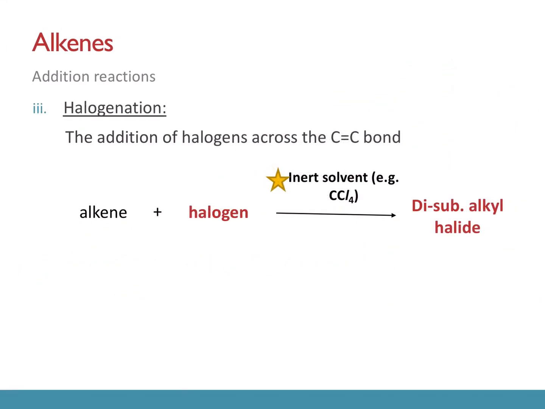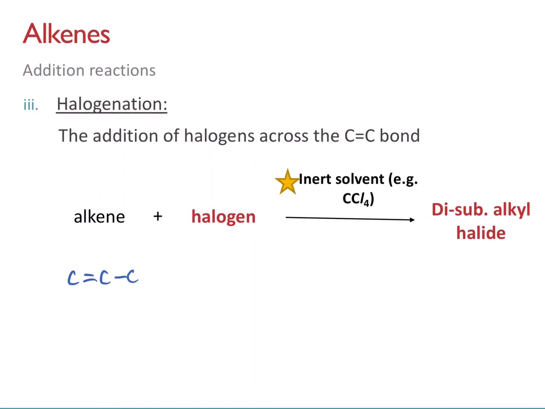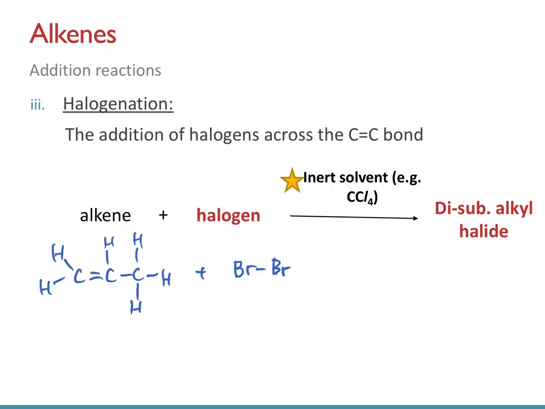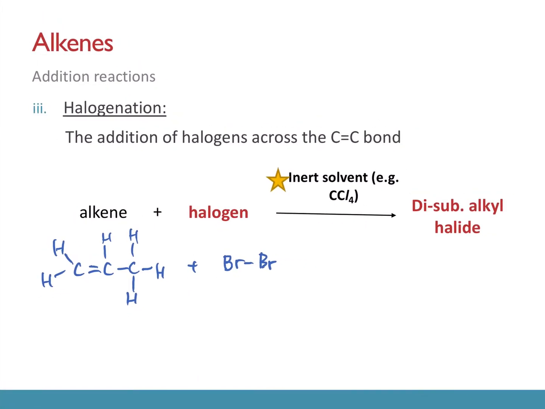Okay. Next we have halogenation, which is the addition of halogens across the CC double bond. For instance, let's use propene again. Plus, let's say the halogen is bromine, in an inert solvent, for example, tetrachloromethane.